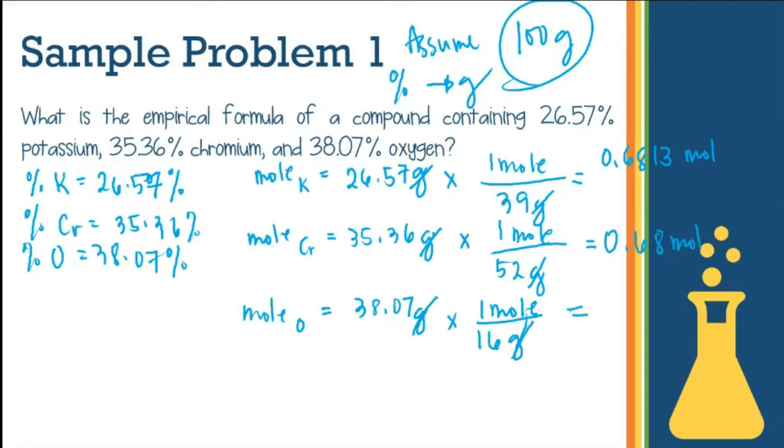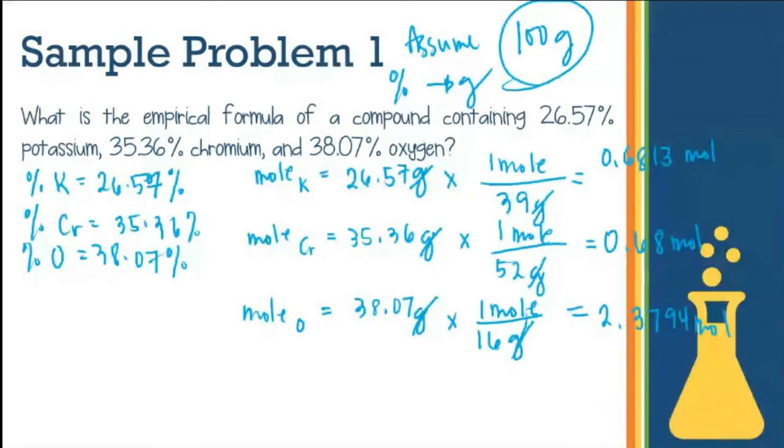And next, 38.07 times 1 divided by 16, we get 2.3794 moles. So, ito na yung ating number of moles. Next thing is we're going to divide it by the smallest number of moles.